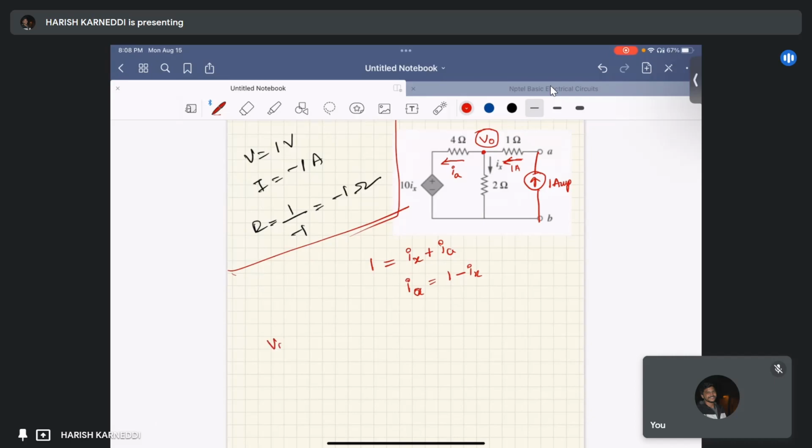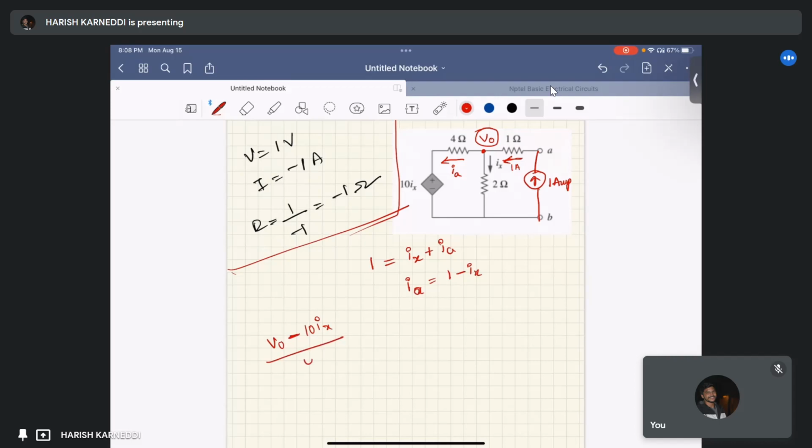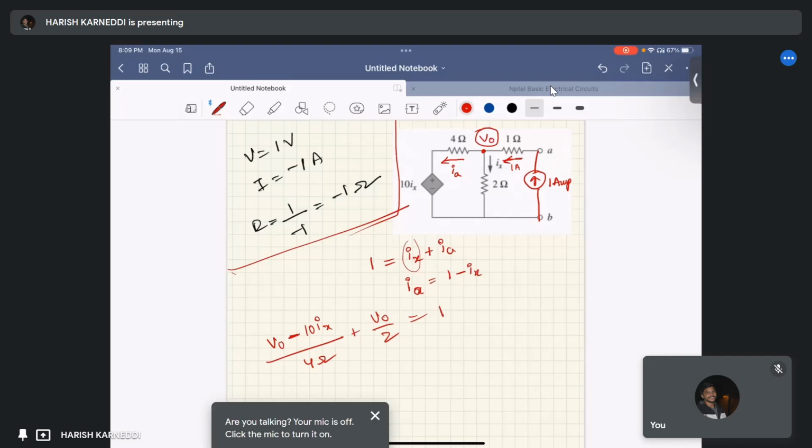Just we are applying nodal analysis at V naught, 10 Ix by 4 ohm, same as previous one, and this Ix equal to V naught by 2 ohm, equal to 1, right?